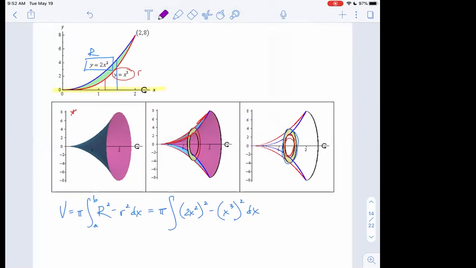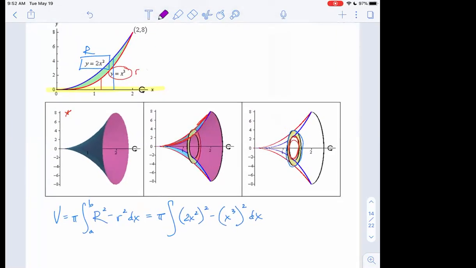I'm looking for these purple slices. Where do I start counting those purple slices? Like what x value? Zero.